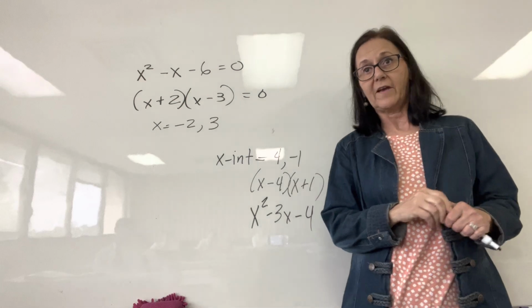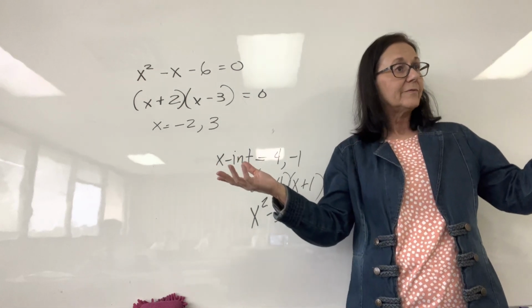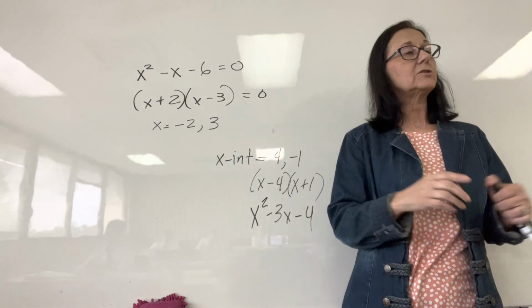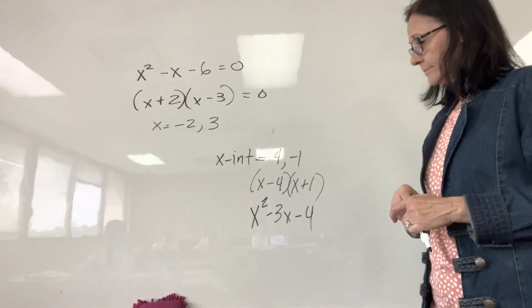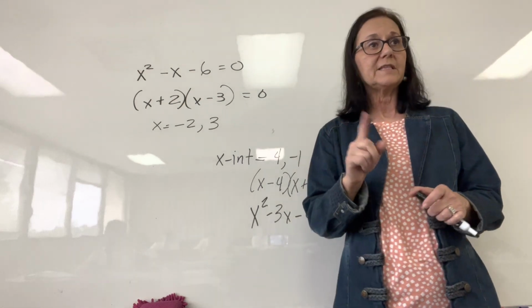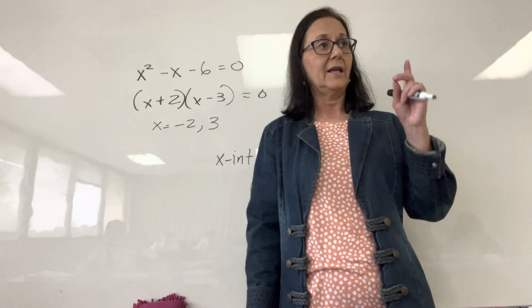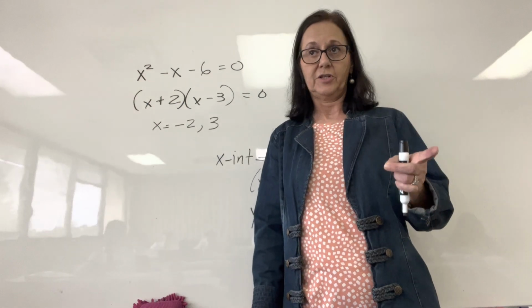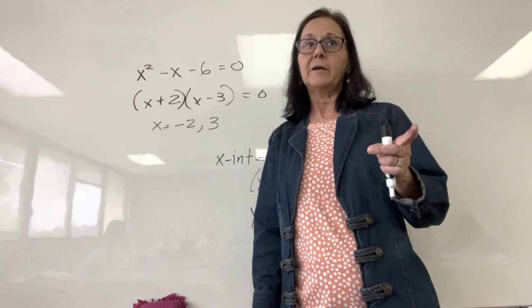That's probably your least favorite method. We graph parabolas by completing the square. We also factor by completing the square. What's going to be different with this lesson is we now have a lead coefficient other than a 1.